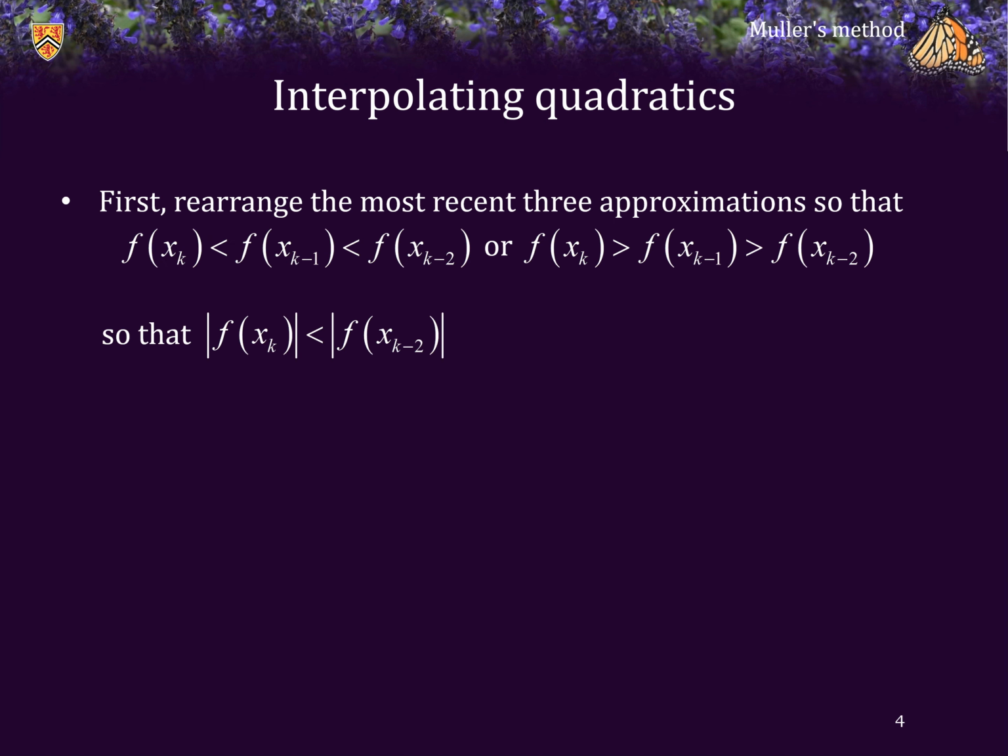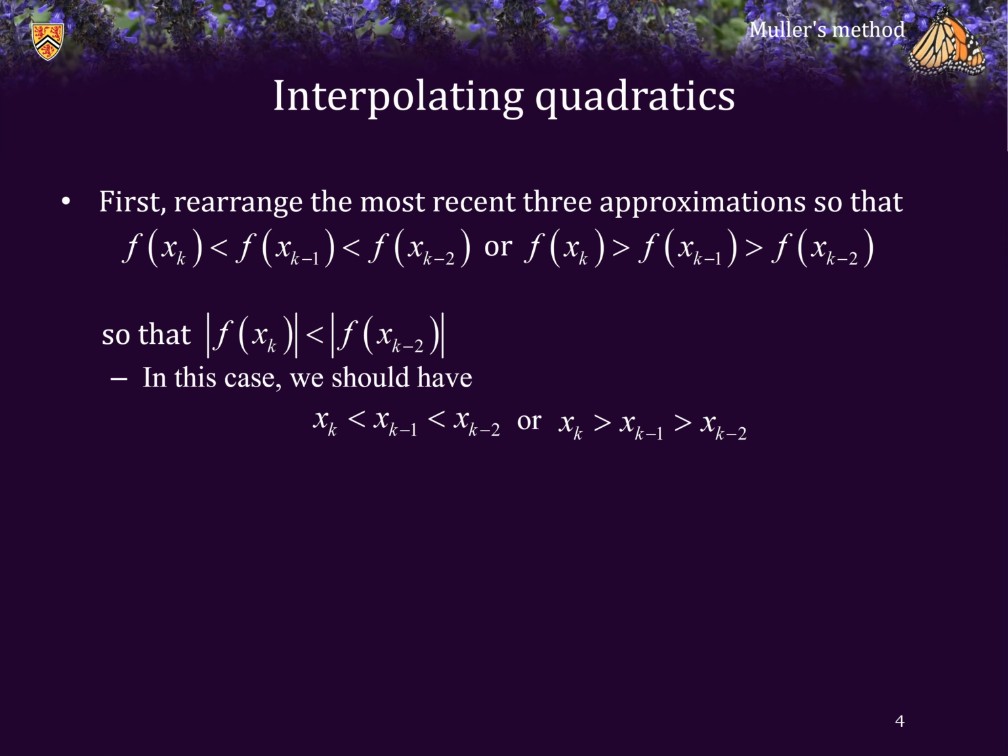So the first step we'll take is we will rearrange the last 3 approximations of the root so that the value of the functions at these 3 points is in order. And we will choose whichever one of these is such that f at x sub k ends up being the least, that is, the most recent approximation of the root.